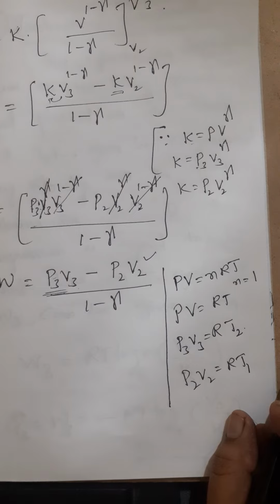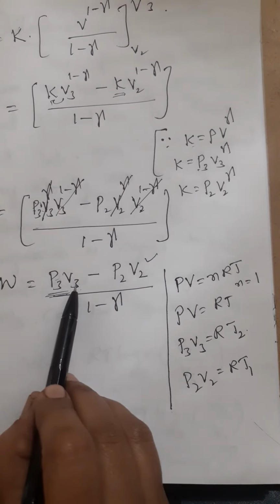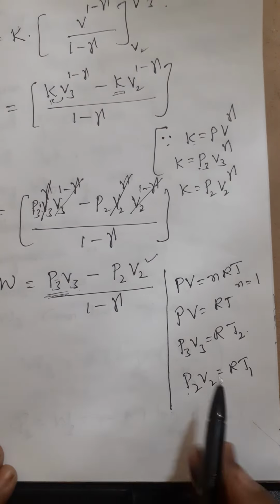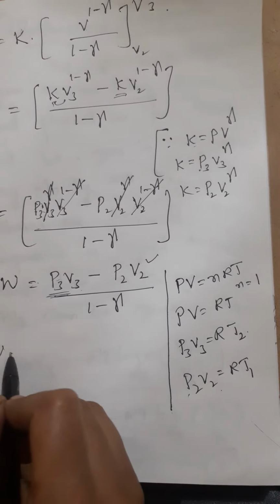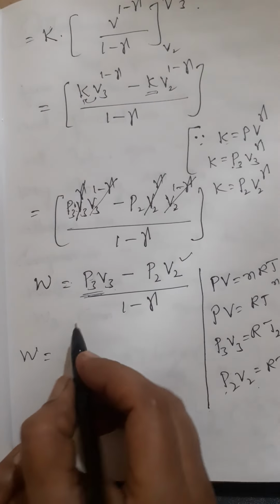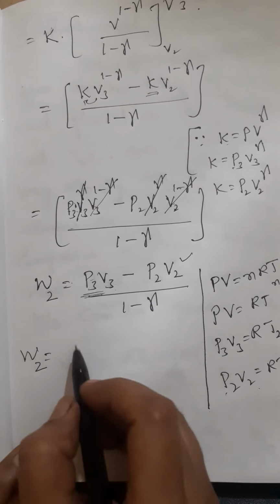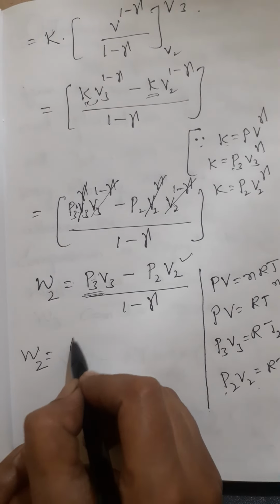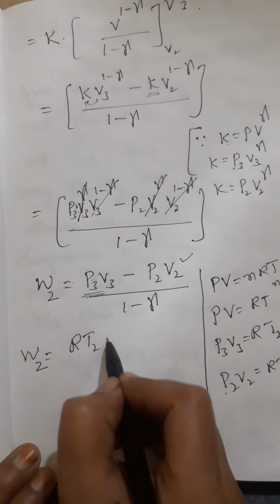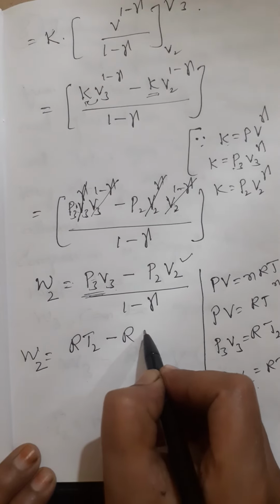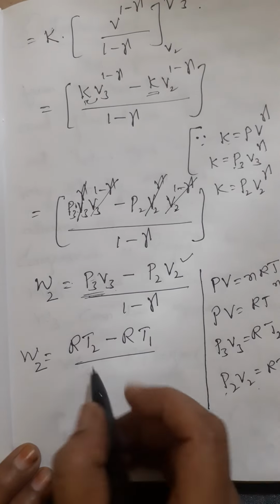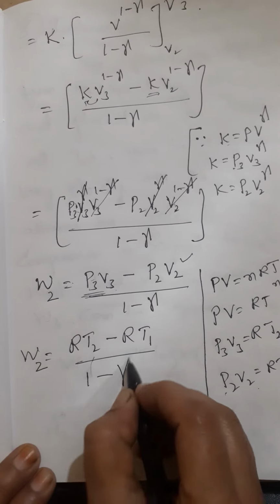So if you substitute the values of P3V3 and P2V2 in this equation, the second work done W2 can be written as RT2 minus RT1 divided by 1 minus gamma.